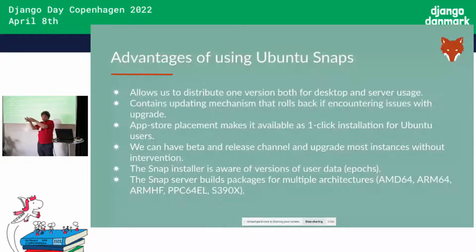If that fails, then it rolls back the update. So you're back to the old version. So you should never end up in a situation where a broken update has somehow destroyed the system for a user. The worst case is that the user ends up with an older version that is not being updated, and then you can go in manually and help them and so on. But in most cases, that really shouldn't be needed.